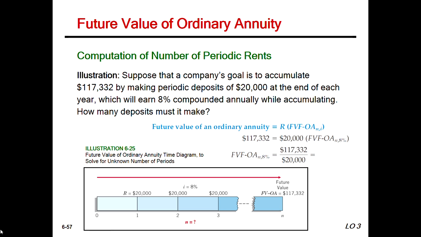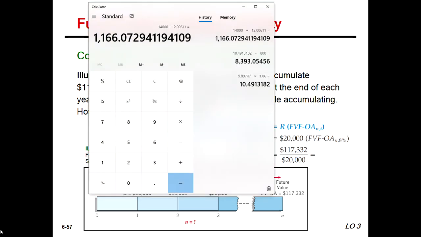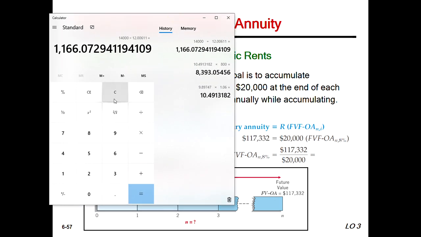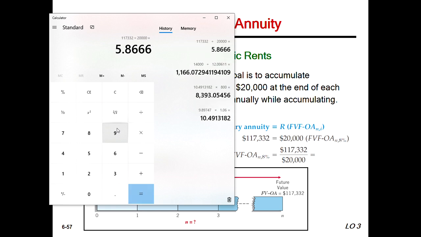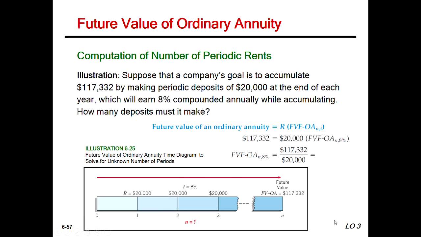So 117,332 divided by 20,000, 5.8666 is our factor. All right, so now we know that that's our factor. I think they're going to give that to us. 5.8666, yes.